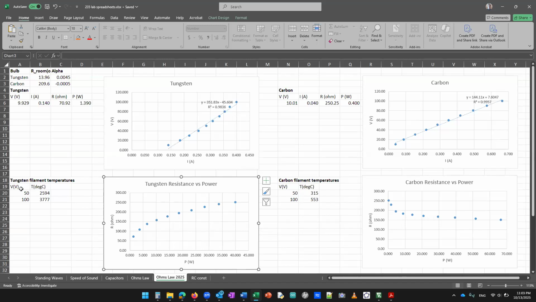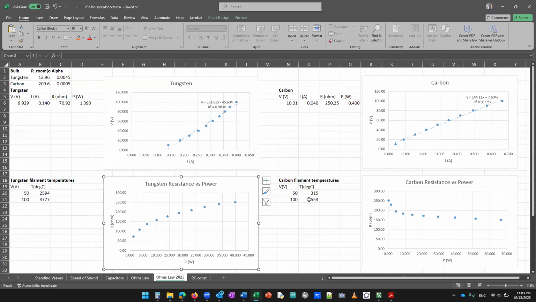And then also we're supposed to calculate the filament temperature. So I calculate them to be 2600, 3800 for tungsten. That's typical. And for the carbon, it's only a few hundred, which makes some sense.